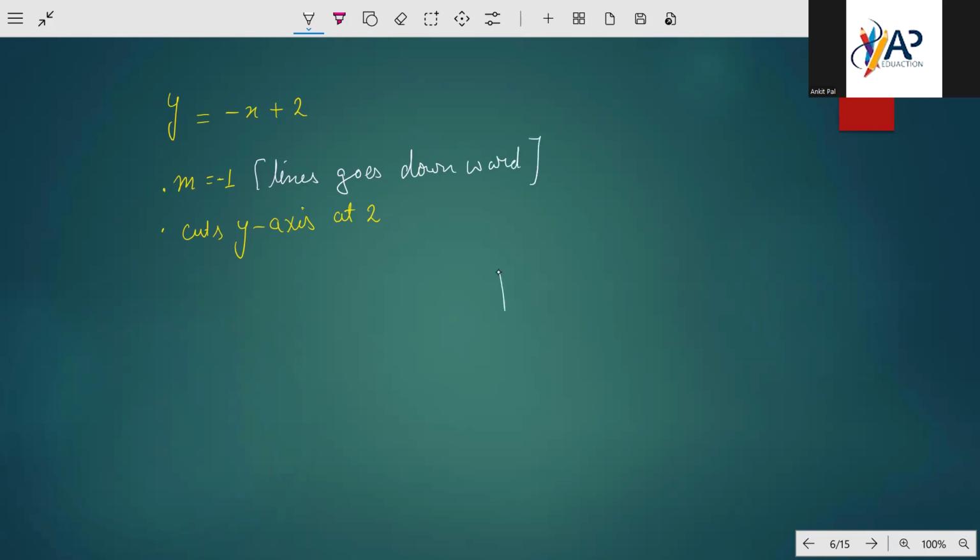For example, this is a graph: x, x dash, y, and y dash. This is a point of 0, 0, which is origin. This is a point 1 and 2. Suppose that we draw the tangent like this.